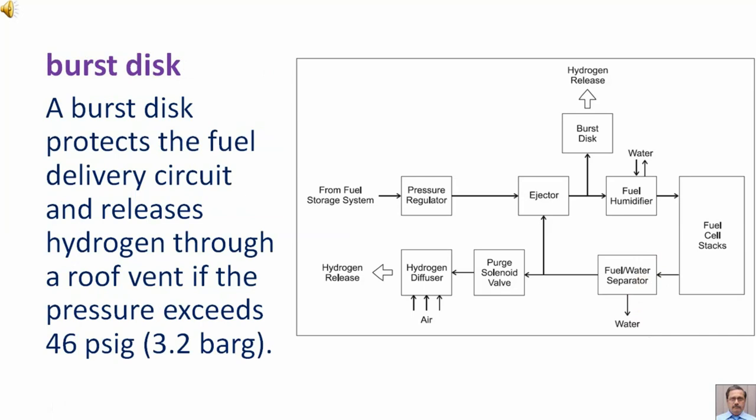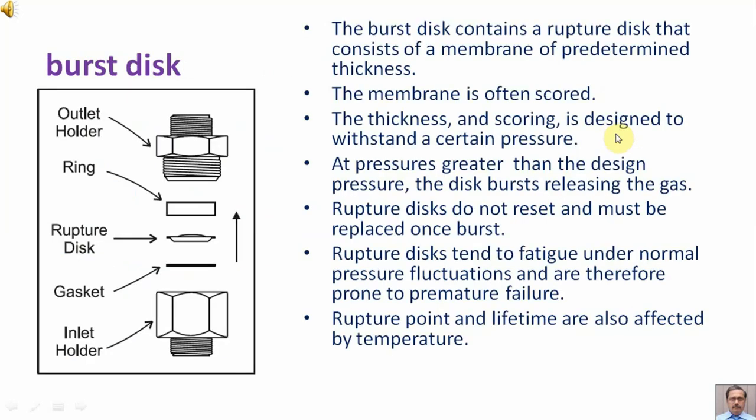Burst disc. A burst disc protects the fuel delivery circuit and releases hydrogen through a roof vent if the pressure exceeds 46 psig. The burst disc contains a rupture disc that consists of a membrane of predetermined thickness.